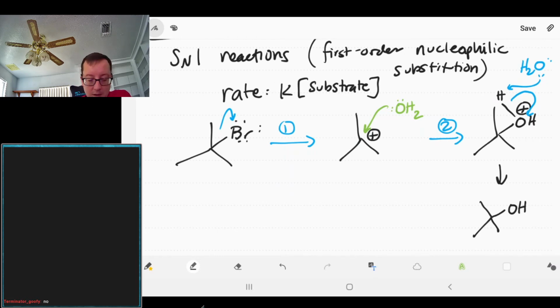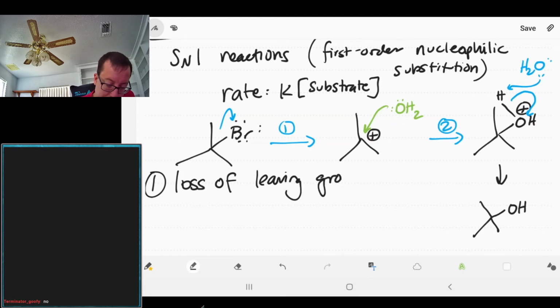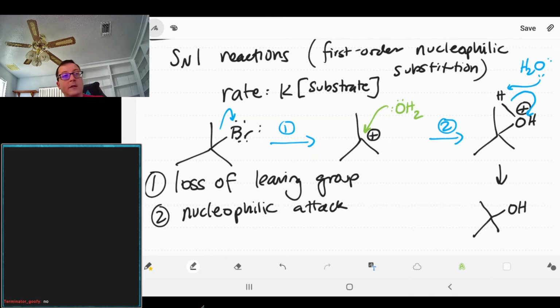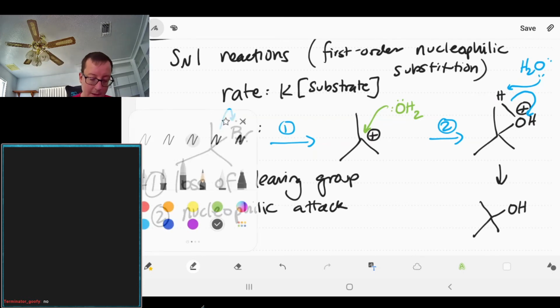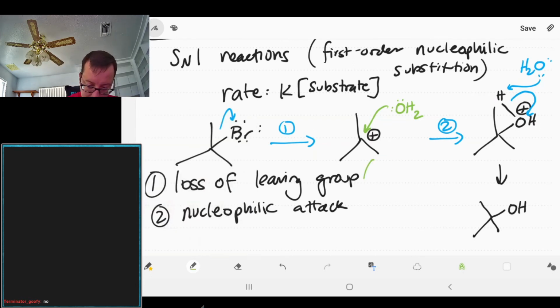So our first step is the loss of a leaving group. Our second step is the nucleophilic attack. Not attract, attack. So our nucleophile comes in and attacks the carbocation. This is the important part here.